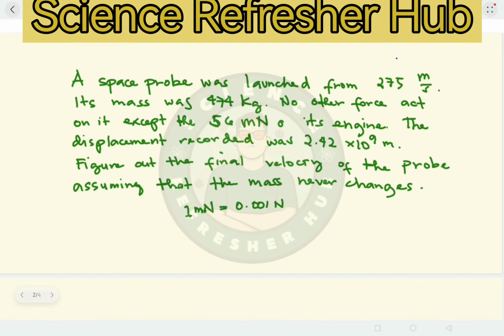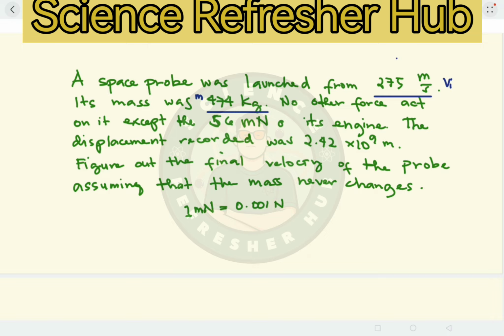This is the problem. A space probe was launched at 275 meters per second, our initial velocity here. The mass of the space probe is 474. Of course, this is the mass.